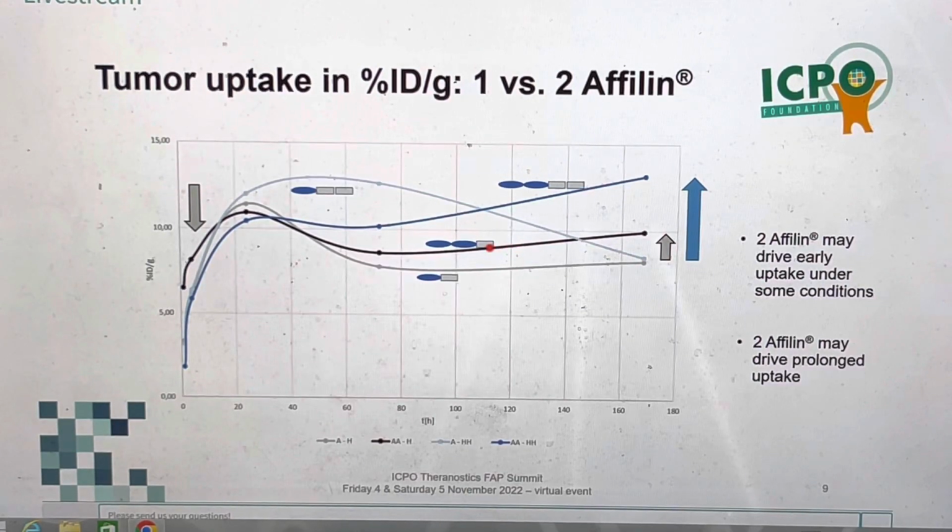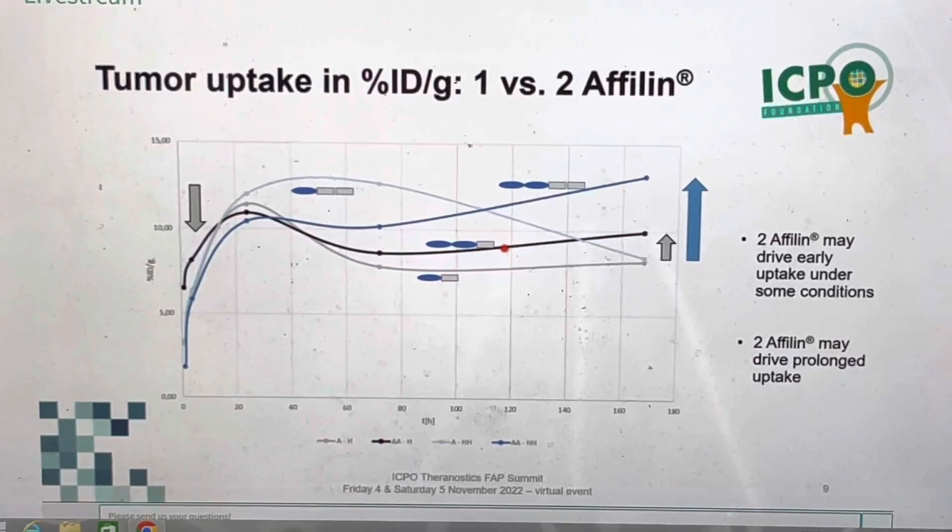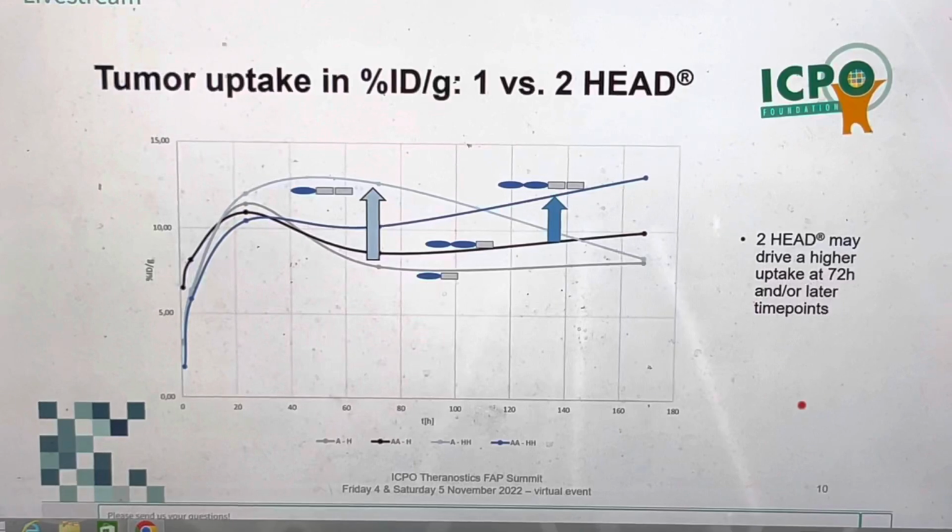And then also, very interestingly, moving from the one effluent design to the two effluent designs, what you see is what I would call a prolonged, sustained uptake, especially at the later time points. So when you think about therapy, that might actually be a very interesting concept.